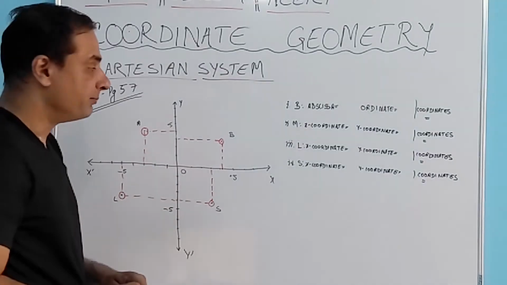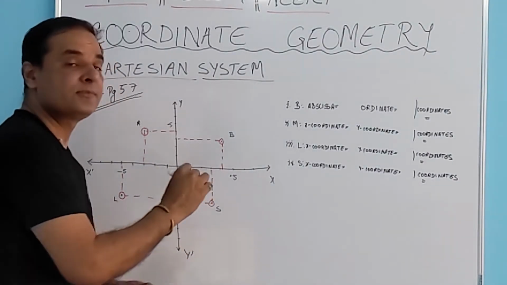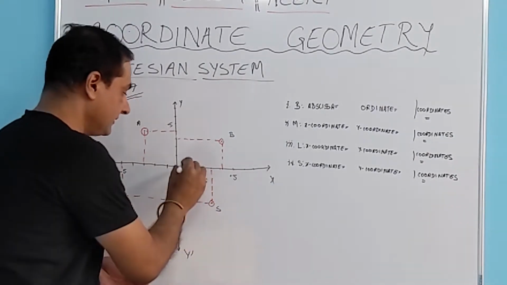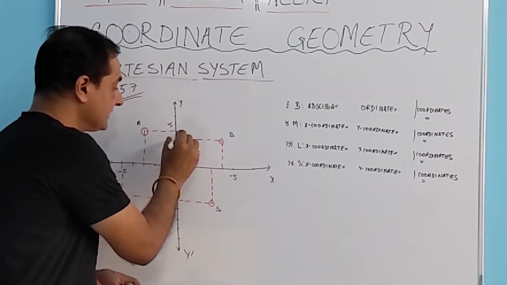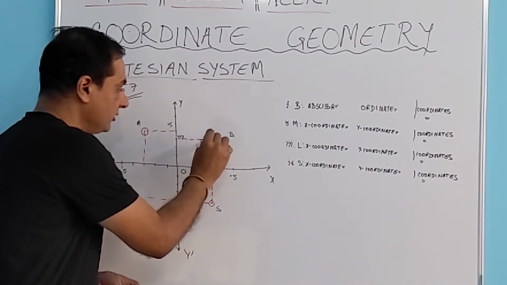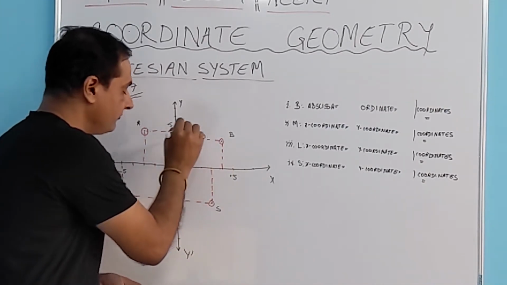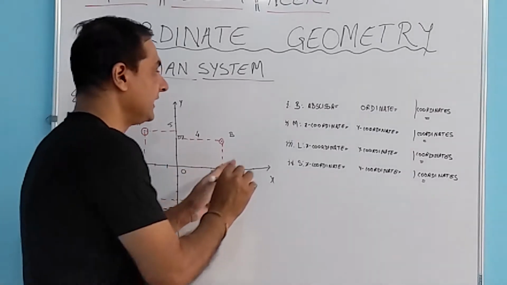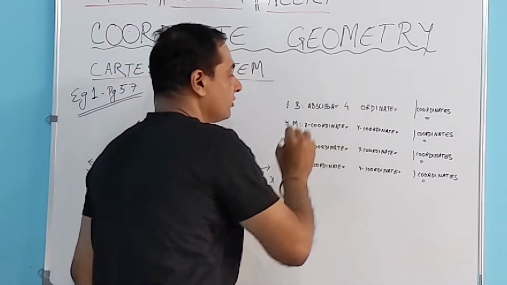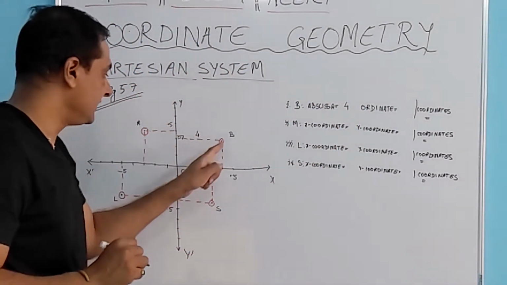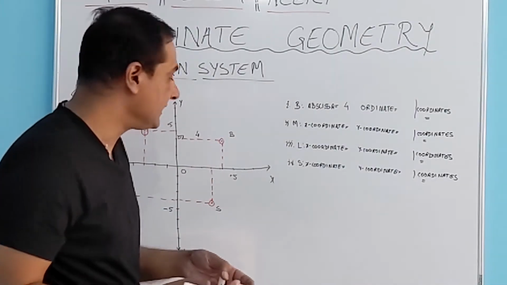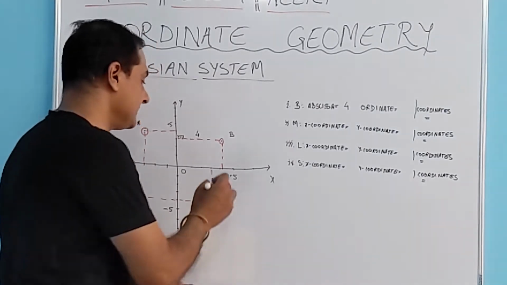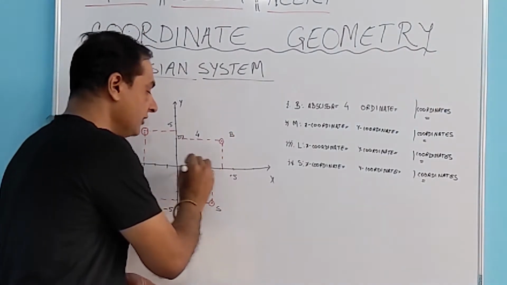If you look at B, abscissa is basically the x coordinate, and how do we find that? It is the perpendicular distance from the y-axis. If you look at this, it comes out to be 4. So we write abscissa is 4. If you look at the ordinate of point B, ordinate is nothing but the y coordinate, and the value of the y coordinate is the perpendicular distance of the point from the x-axis.